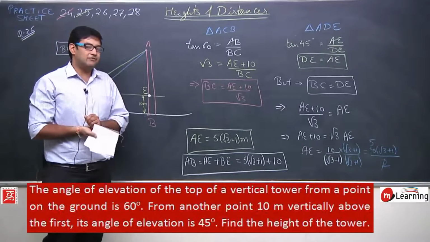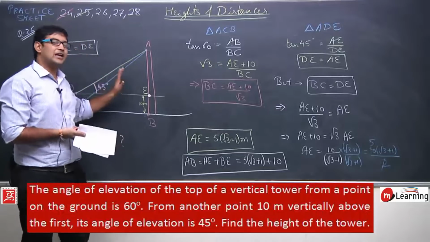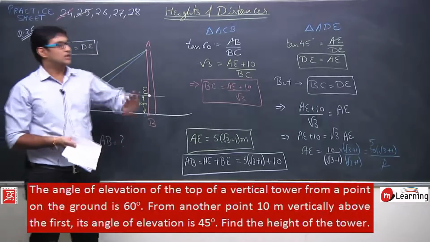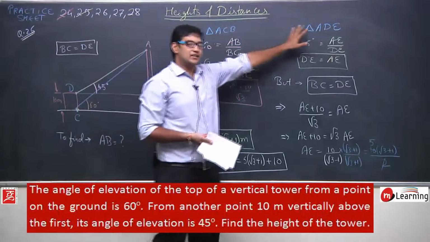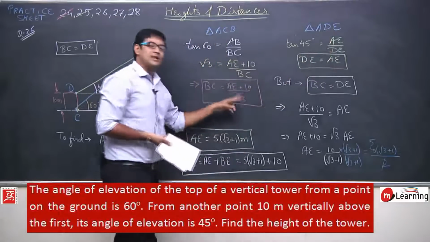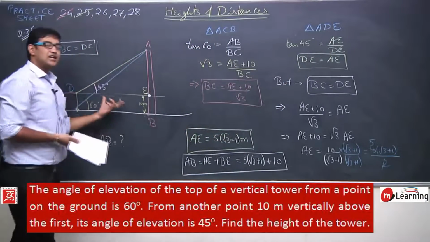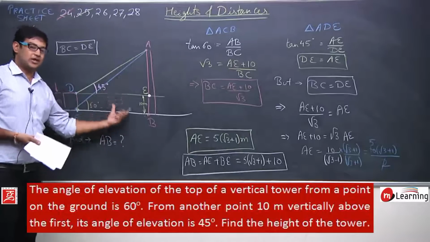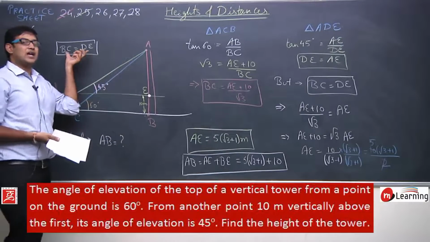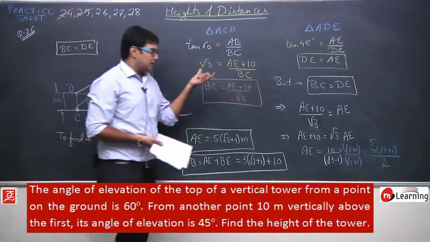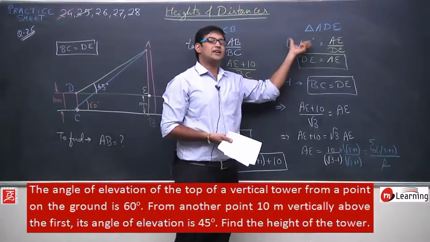Just observe what I have done. I have drawn the diagram, determined the unknown quantity, identified the triangles, and then determined the value of AE. Why AE? It's because both the triangles are related with their base. The base of the two triangles is equal. That's why I have determined the value of tan ratios.